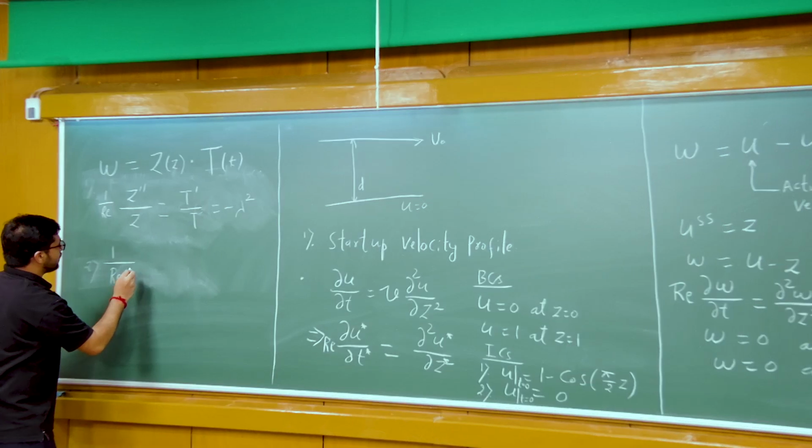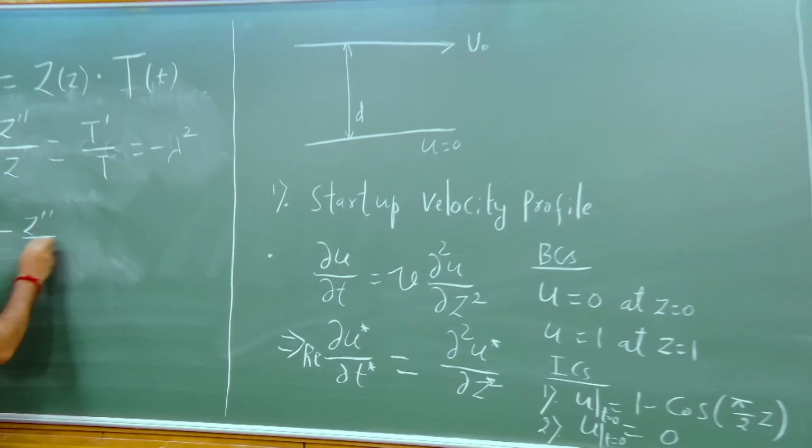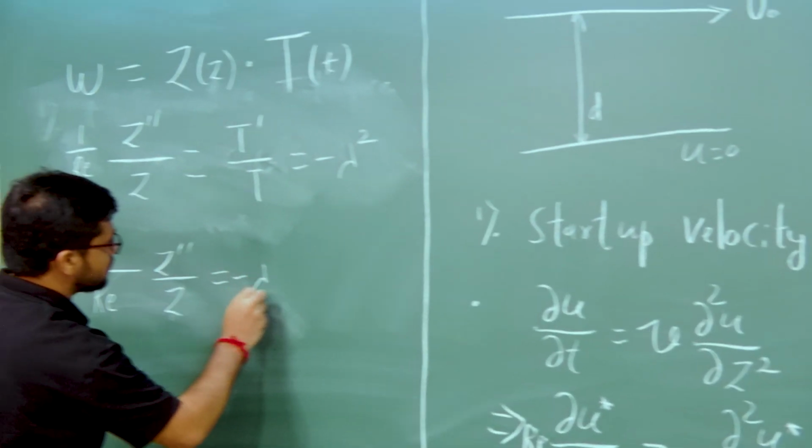So, we need to solve 1 upon Re times Z double dash upon Z equal to minus lambda square.